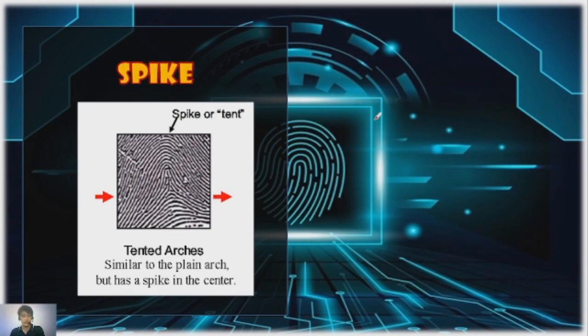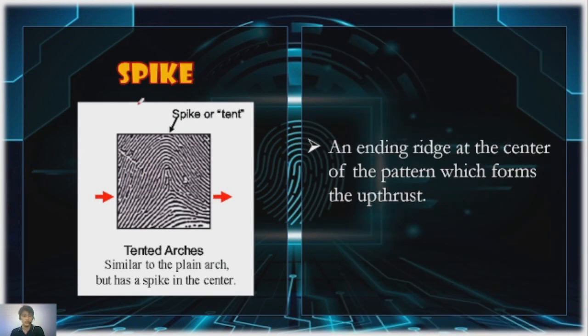Next here is the spike. This is usually found in a tented arch fingerprint pattern. So usually these are found on tented arches. It is an ending ridge at the center of the pattern area, which forms the upthrust. As you can see here, we can locate the spike in this part.